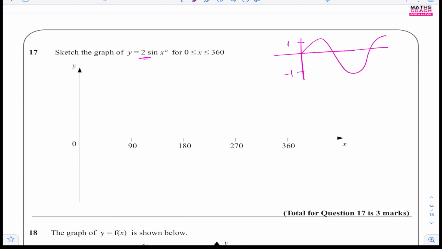But now it will get multiplied by 2, which means it will be 2 and -2. So we know that sine of 90 is usually 1, so it will be 2 now. 180 will be 0, 270 usually is -1 but will now be -2, and 360 will go back to 0, giving us this.